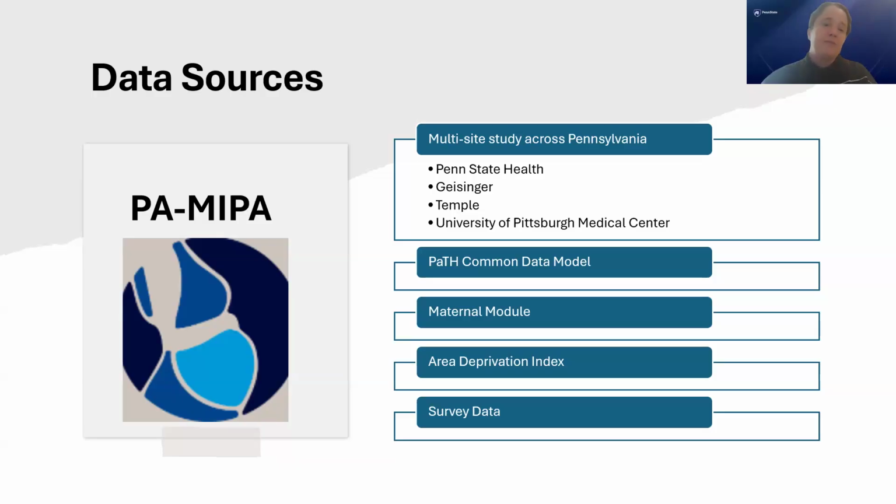So we needed to have this maternal module built to have a linking variable between the mother's ID and the child's ID. So we did that. And in addition, in this module, we have mode of delivery. We have birth weight, gestational age, admittance to the ICU for the pregnant person at delivery, and then admittance to the neonatal ICU. And then we have breastfeeding information during their stay after delivery.